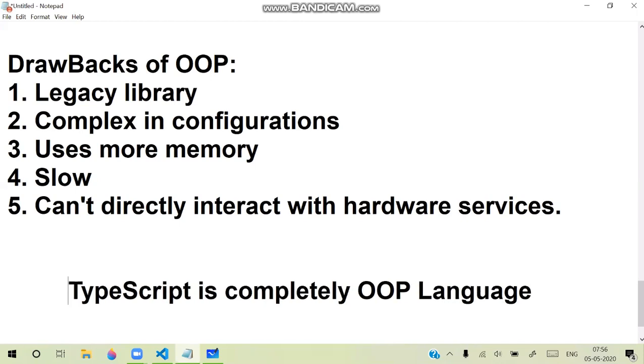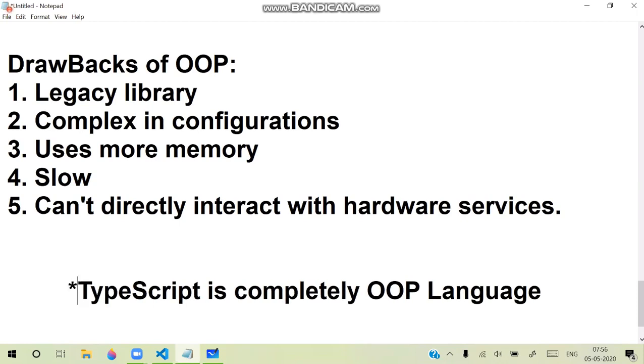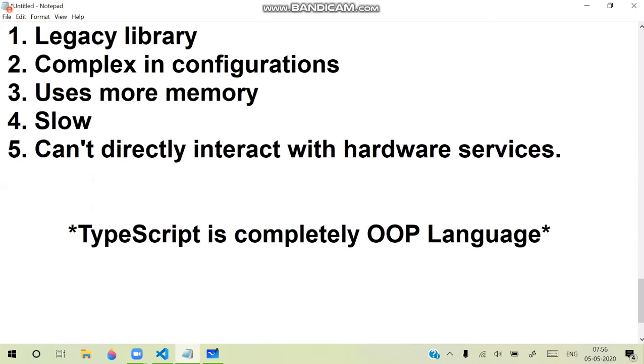That means it supports all the features of OOPs. JavaScript is not completely object-oriented. JavaScript supports certain features of OOPs, but is not an object-oriented language. And TypeScript was developed as an object-oriented programming language.